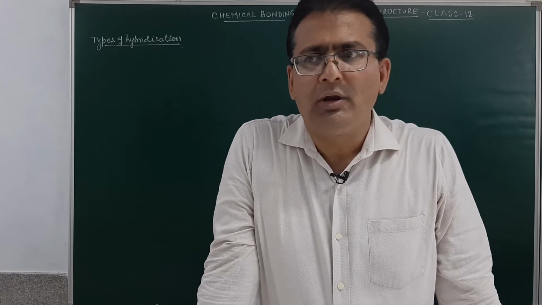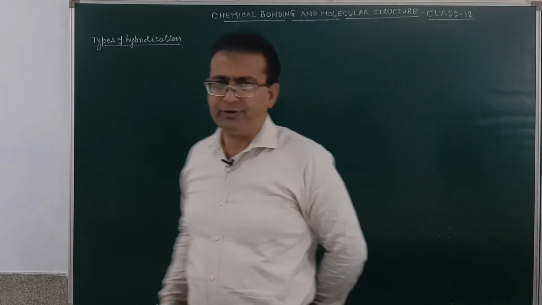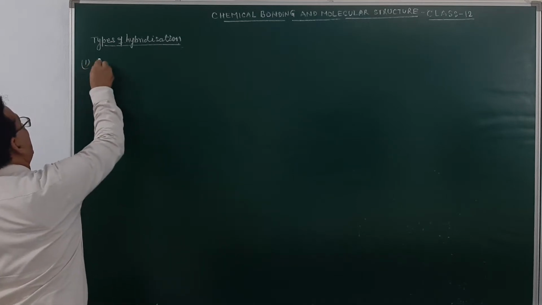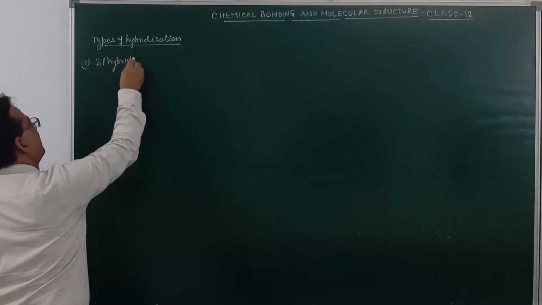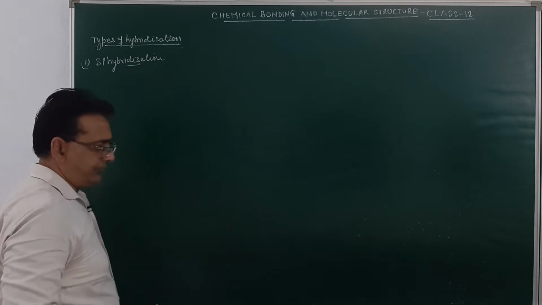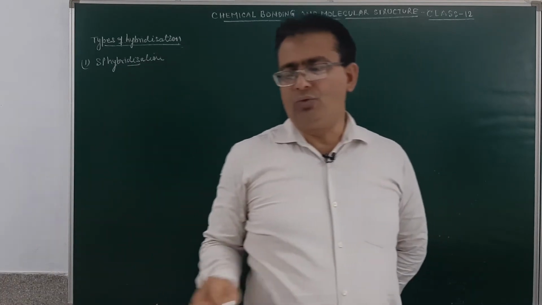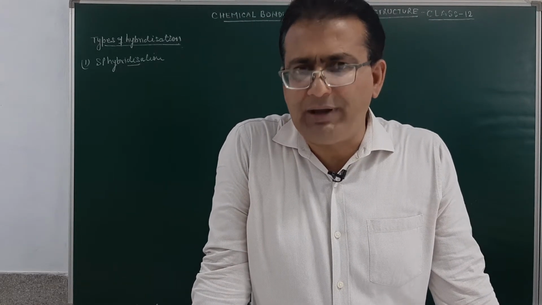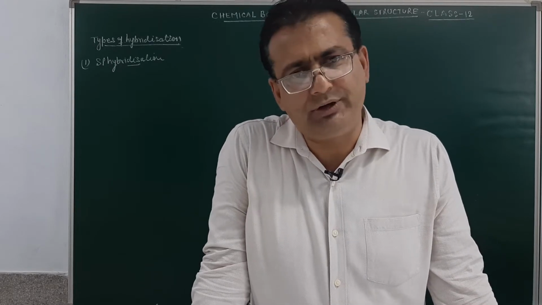Am I clear? First will be the discussion of sp hybridization. How does sp hybridization occur? If you remember the last lecture, I told you sp hybridization occurs when one half filled s and one half filled p atomic orbital mix together to form sp hybrid orbitals.